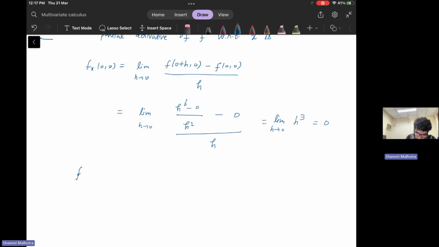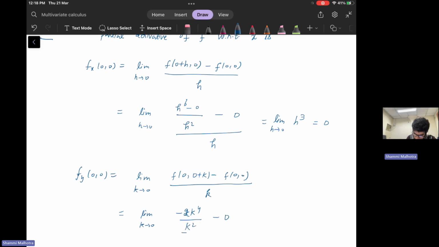Finally, let us evaluate the partial derivative with respect to y. Limit k tending towards 0 of (f(0, 0 plus k) minus f(0, 0)) whole divided by k. So this is limit k tending towards 0 of (minus twice k raised to power 4 divided by k square minus 0) whole divided by k.